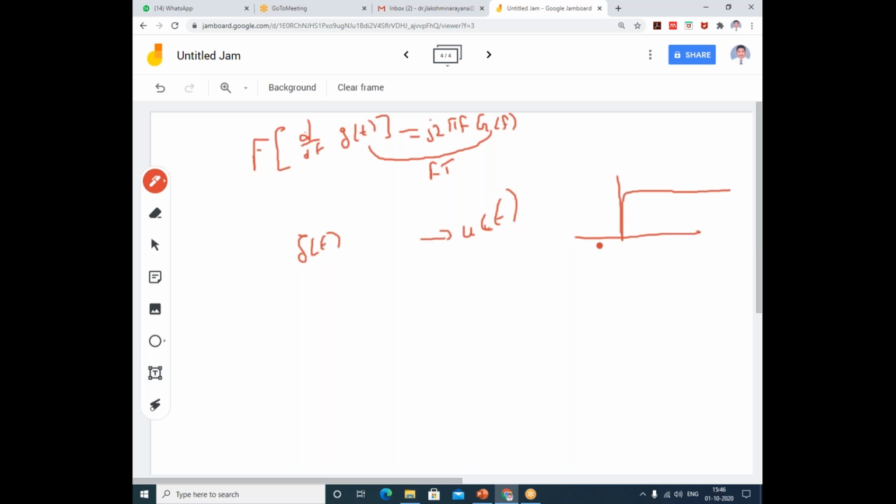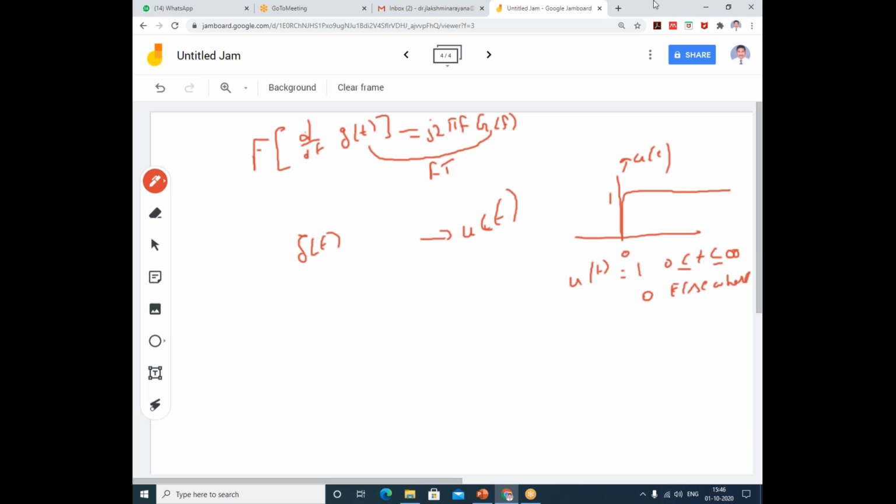It is 0, then the amplitude is 1, and this is what u of t is. I can write the mathematical equation: u of t equals 1 for 0 less than t less than infinity, and 0 elsewhere.